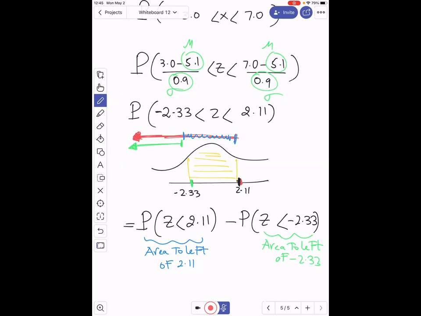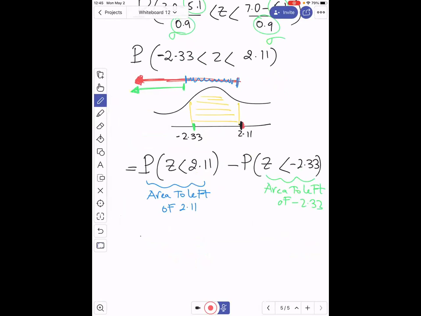All right. Now, once we have everything expressed in terms of the areas to the left, now we can use the chart. Because again, the chart gives us only the areas to the left, not the areas to the right or the areas in between. It's just the areas to the left.